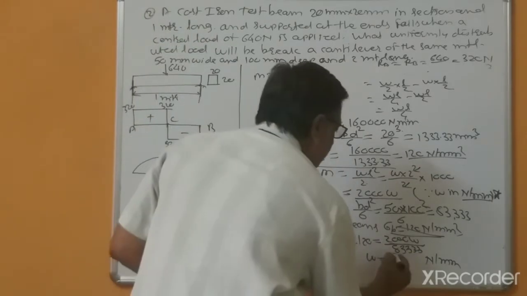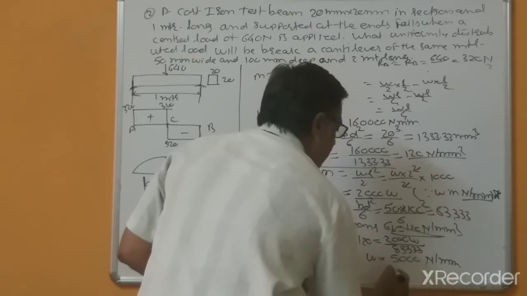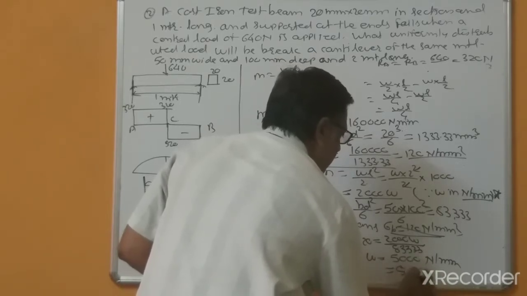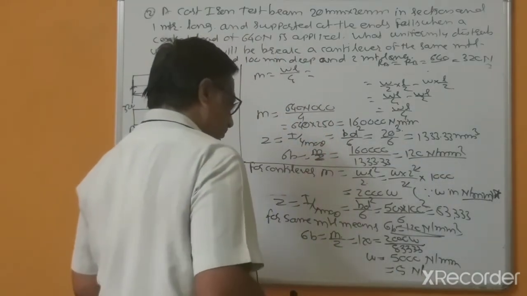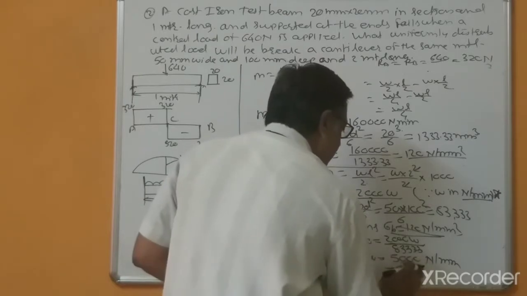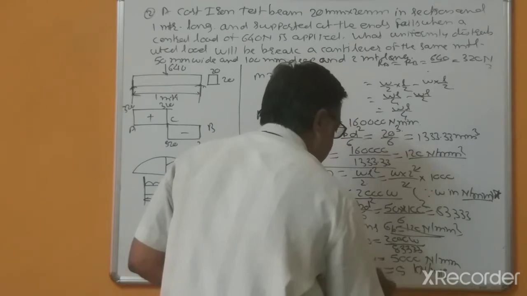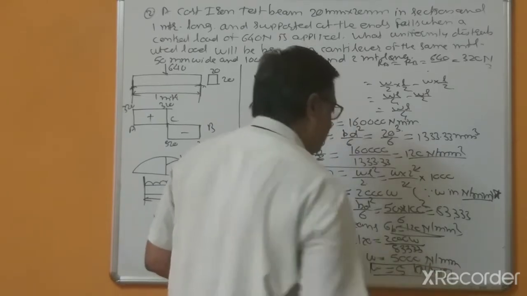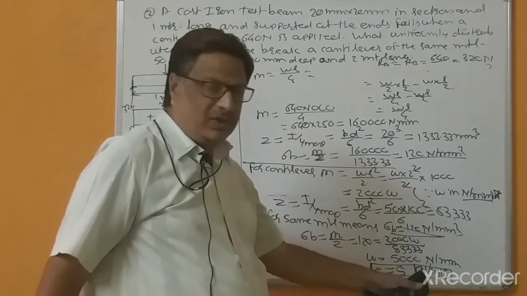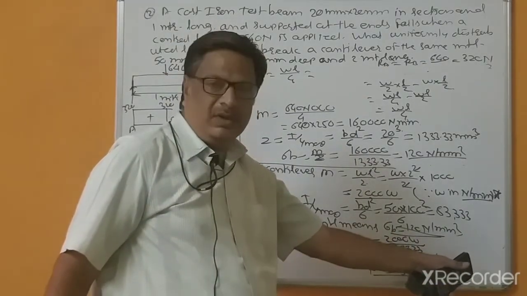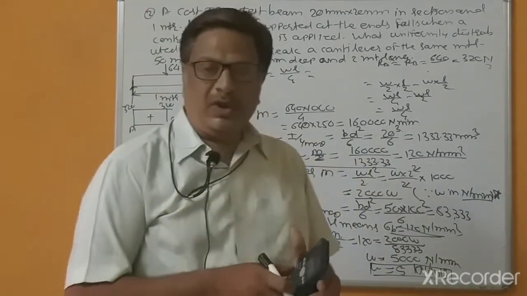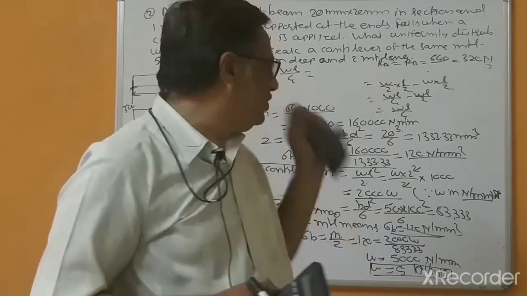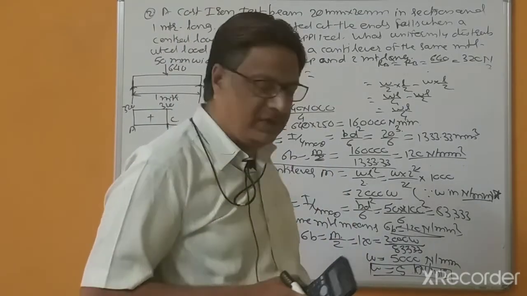This is equal to 5000 Newton per meter, or 5 kilonewton per meter. So here this is kilonewton meter multiplied by 1000 and divided by again 1000. So you will get 5 kilonewton per meter. This is the uniform distributed load applied. So this beam will fail.